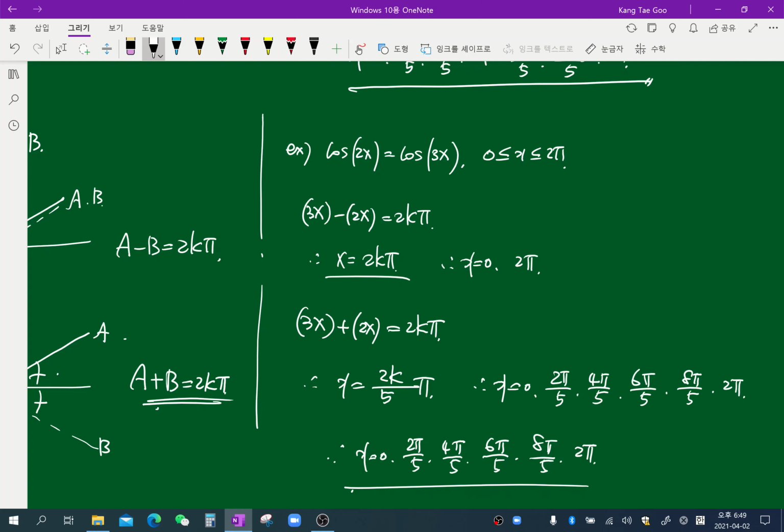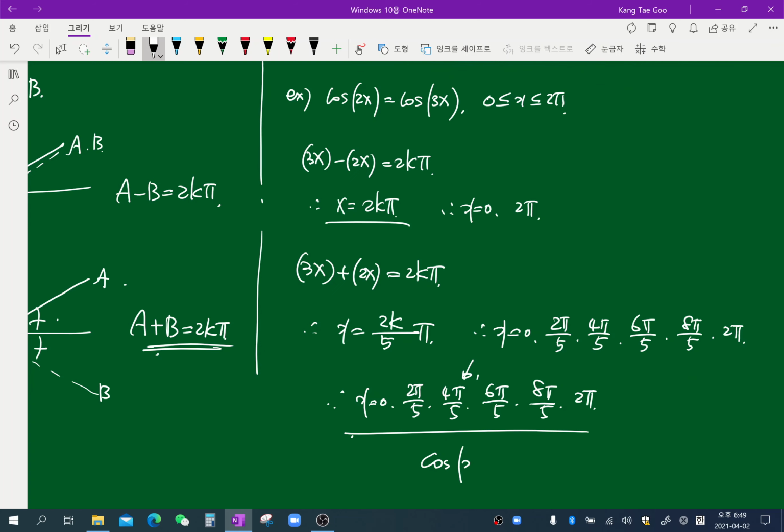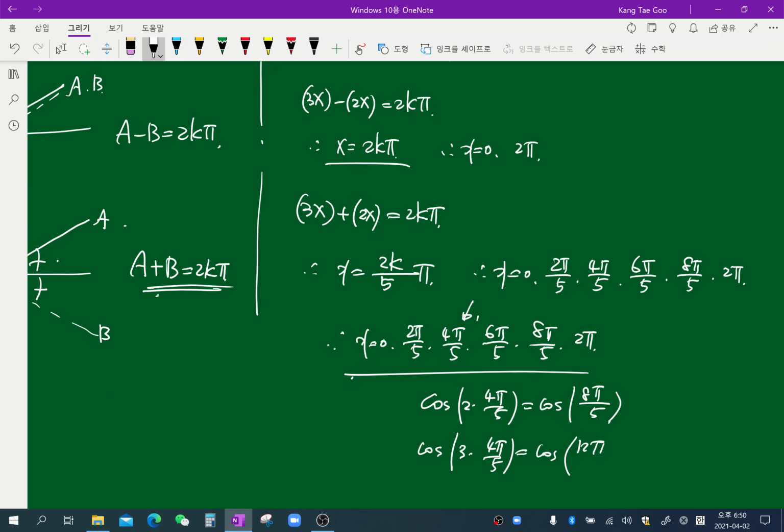See, for example, if we take the 4 pi over 5 here, take the left hand side, cosine 2 times 4 pi over 5 goes to be cosine 8 pi over 5. And then cosine 3 times 4 pi over 5 goes to be cosine 12 pi over 5, which is the same as cosine 2 pi over 5, right? 8 pi over 5 is where?